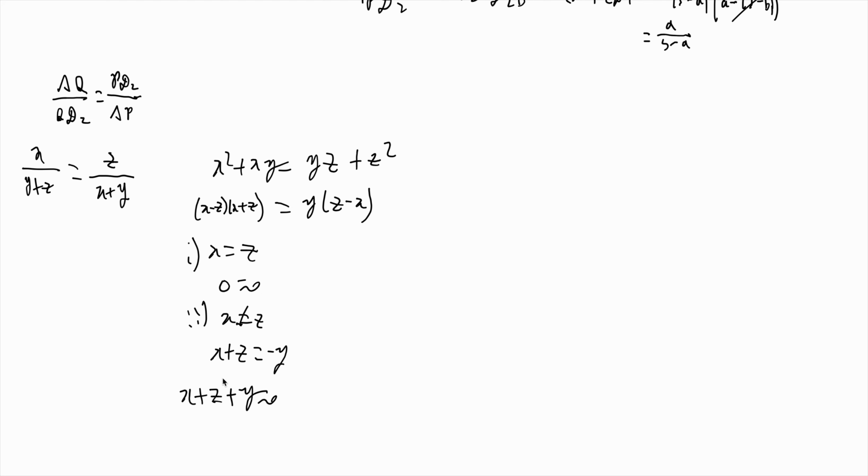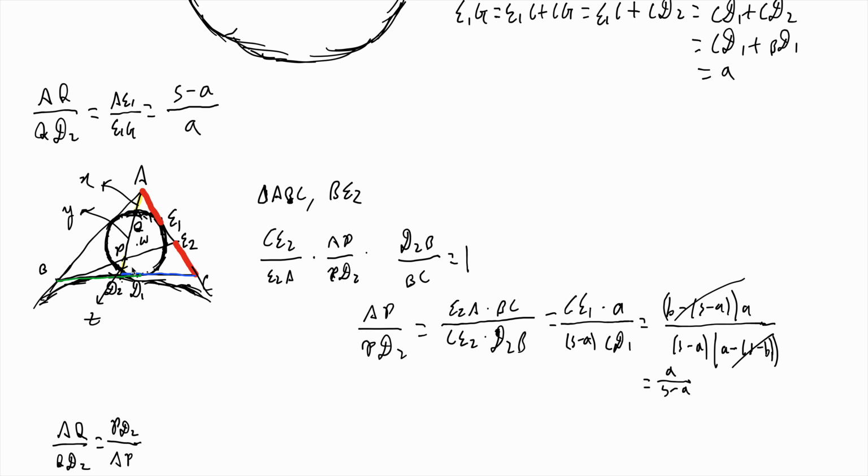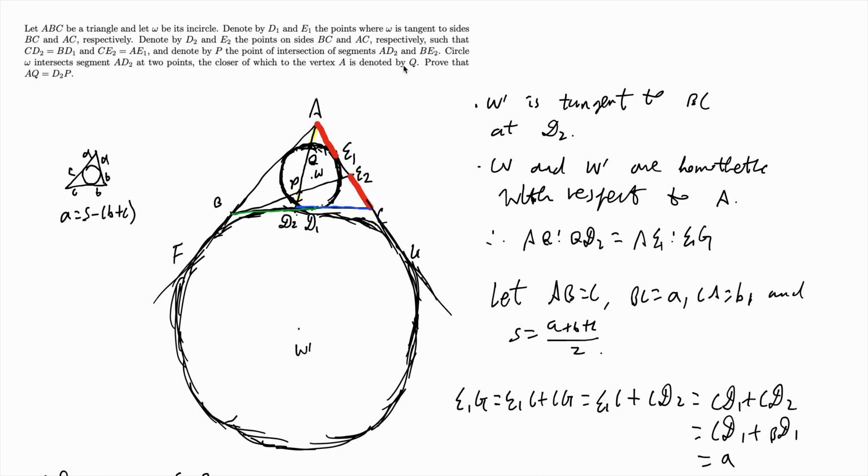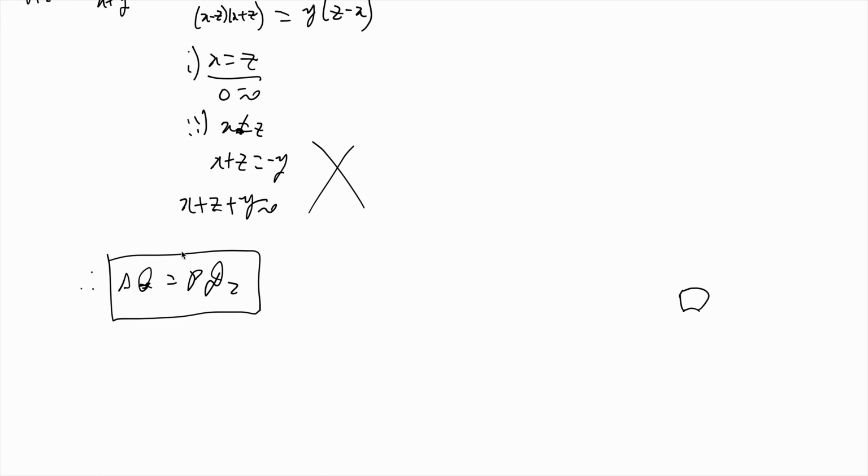But we know that this is impossible by construction. So we know that X equals Z, and therefore AQ equals P D sub 2. And we finished our proof.